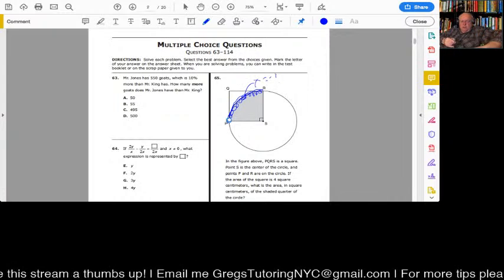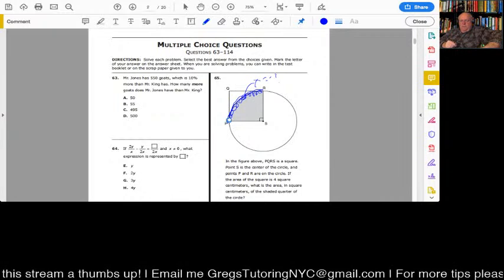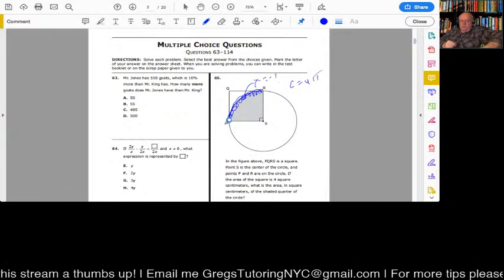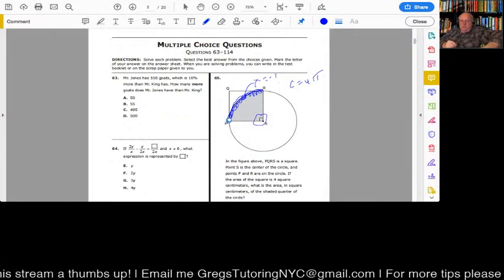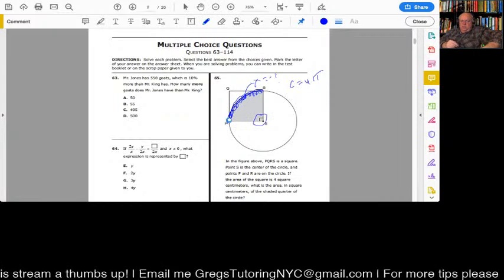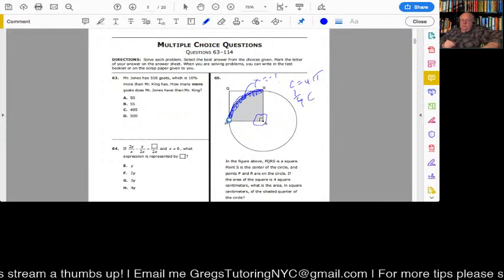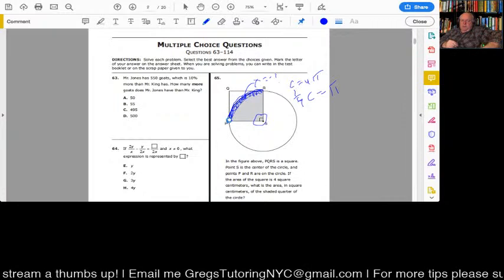X equals what? What would that be? Well, as we computed on the previous page, if the circumference is 4 pi, this is still a quarter of it, right? This is still 90 degrees. So this squiggly line here is still a quarter of the circumference. So that would also be pi. So this is pi here, right?